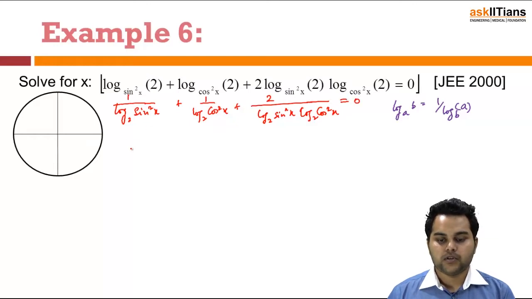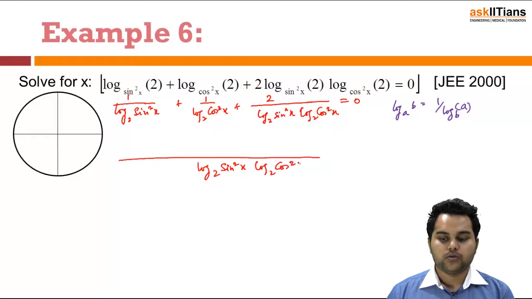Taking LCM, I get log base 2 of sine square x into log base 2 of cos square x in the denominator, and in the numerator, I get log base 2 of cos square x plus log base 2 of sine square x plus 2 is equal to 0. So only the numerator part would be equated to 0.